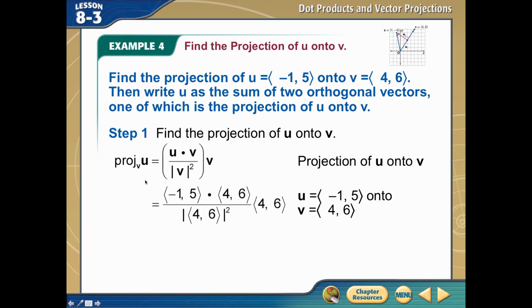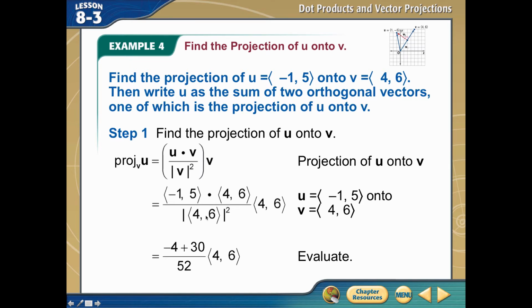So again, write the equation, fill in the vectors. Now find that dot product. -1 times 4 is -4. 5 times 6 is 30. And here's what's cool. Because it's the magnitude squared, the magnitude is the square root of 4 squared plus 6 squared.